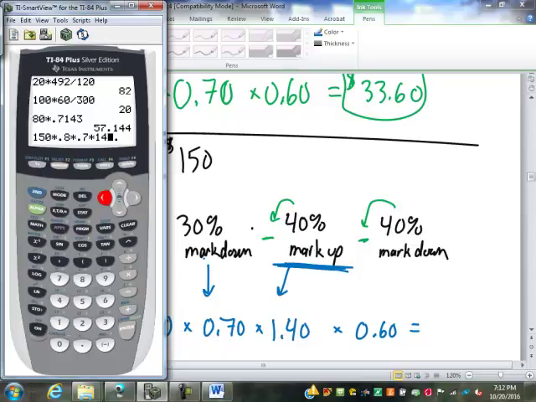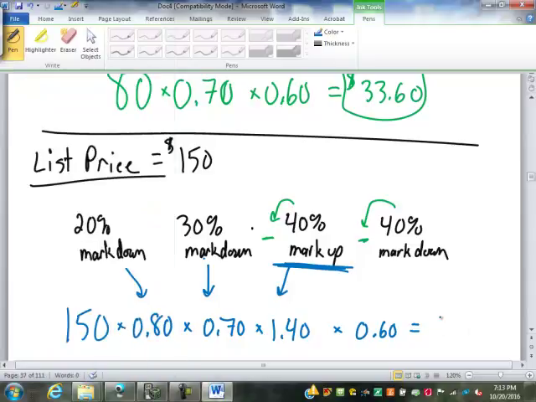Come on. 1.4 times 0.6. Here we go. 70.56. Is that what you guys are getting?